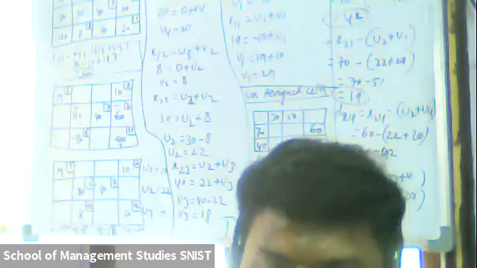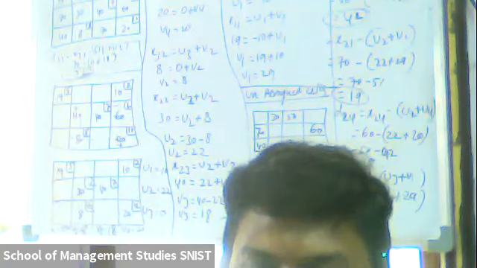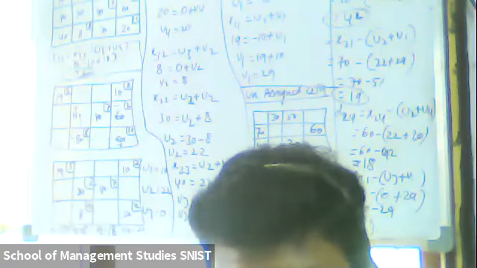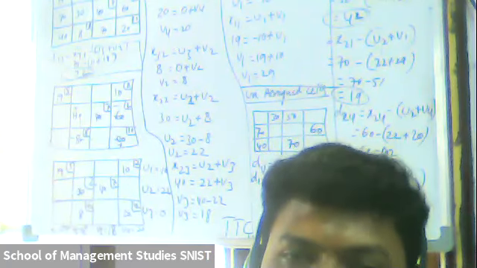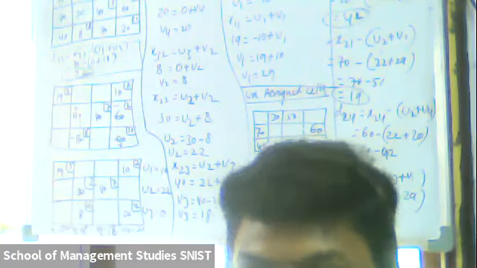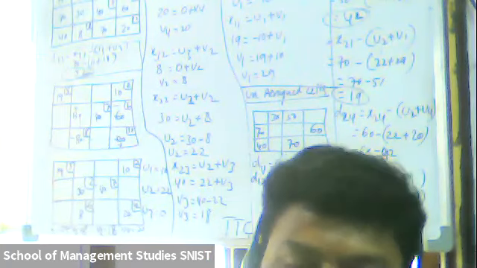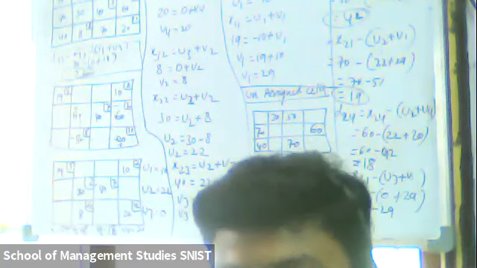Degeneracy is the case where the allocations are fewer than m plus n minus 1. As of now, I have not included the degeneracy condition. If I include it, you may get confused, which is why I did not include it.